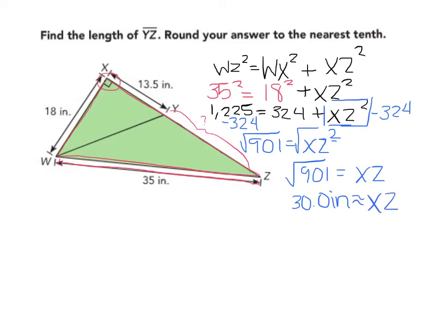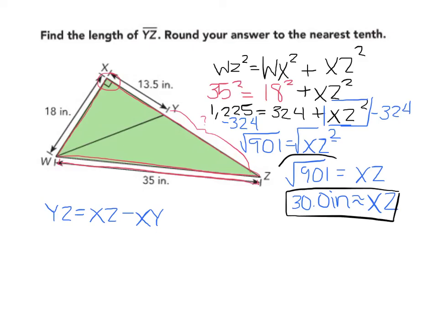So let's use that information to find YZ. So I know that YZ has to equal side length, the whole piece, XZ minus XY. So we can plug in what we just found over here. I'm actually going to use this piece because it's more precise.